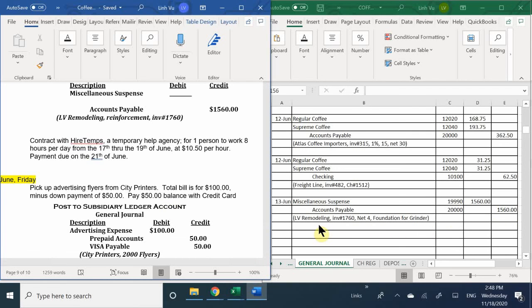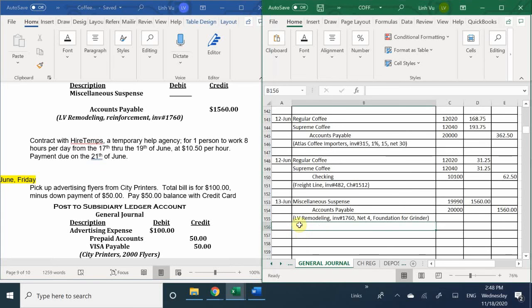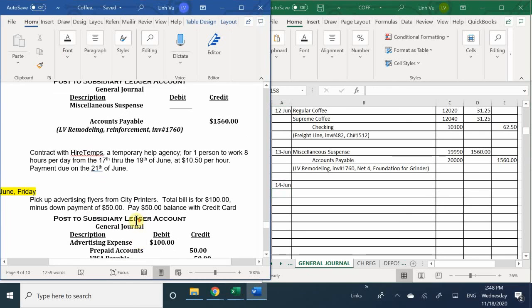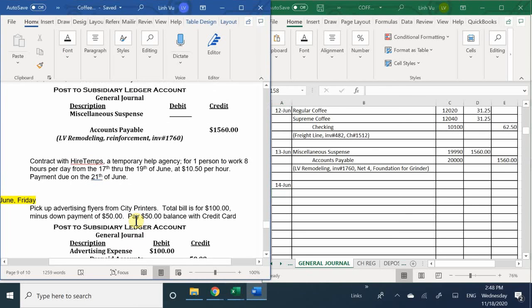So pay the $50 balance with credit card. Perfect. Okay, so here you go. On the 14th, we picked up our 2,000 flyers. We're going to pay the remaining 50% with the credit card, and we're also going to redeem our voucher.